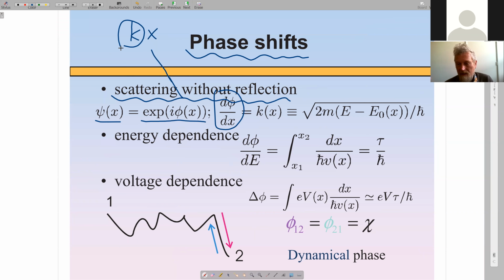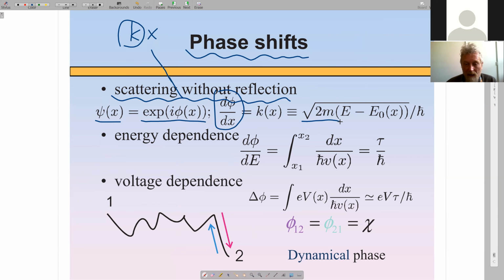What is this local wave vector? Well, that can be figured out easily. That can be figured out from energy conservation, right? So potential energy is different, and the total energy E stays the same. So there must be a change of wave vector.